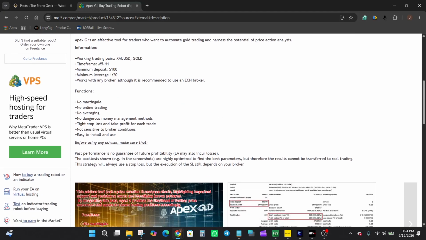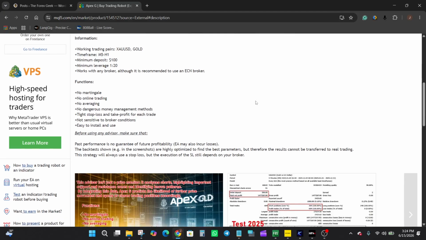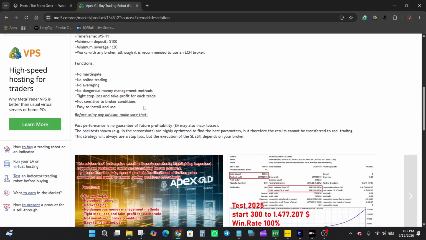Further down the page, the developer highlights several operational characteristics. Apex G does not use Martingale, does not use averaging techniques, and avoids what are described as dangerous money management methods. The description also states that each trade is managed with defined stop loss and take profit levels.